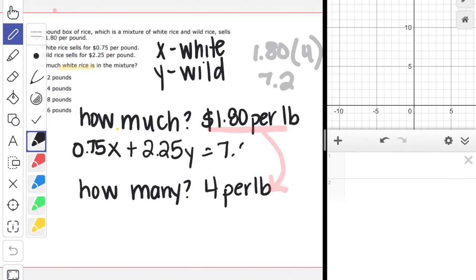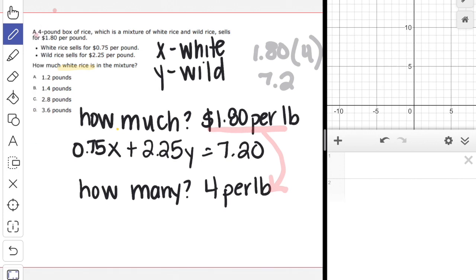So $7.20 for the how much equation. So at 75 cents per pound for white and 2.25 per pound for wild, the total mixture was 7.20. Now the how many? Well, we don't know how many pounds of white, so we're just going to say X, and we don't know how many pounds of wild, so we're going to say Y equals 4 pounds total.